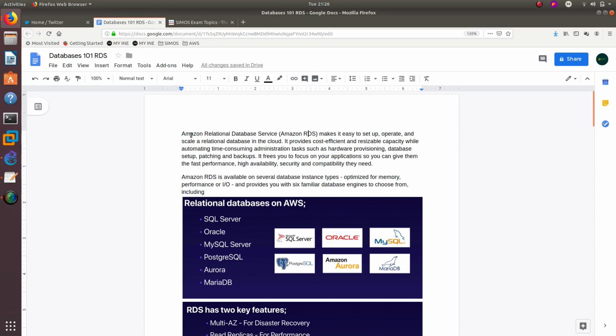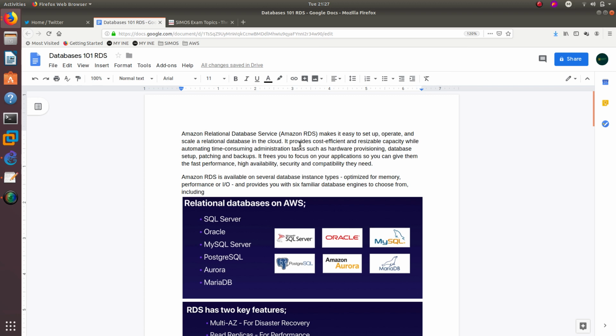And we're going to talk about and discuss the Amazon Relational Database Service, the Amazon RDS, and also Redshift. So the RDS, or the Amazon Relational Database Service, makes it easy to use, operate, and scale a relational database in the cloud.